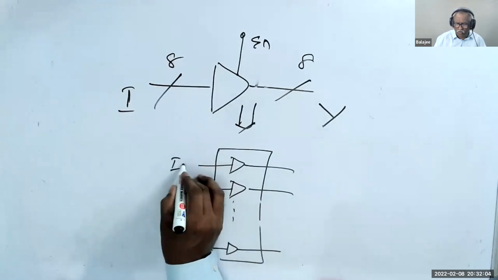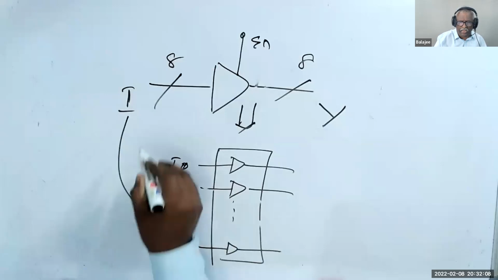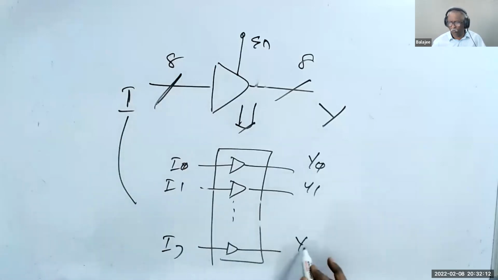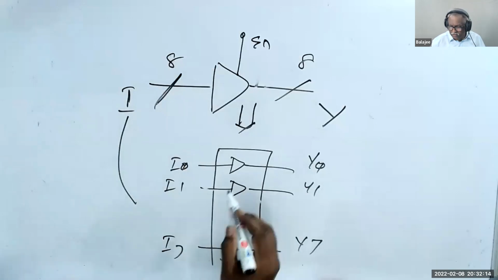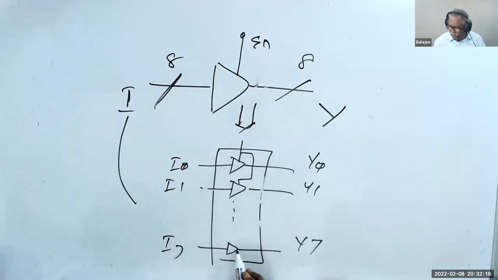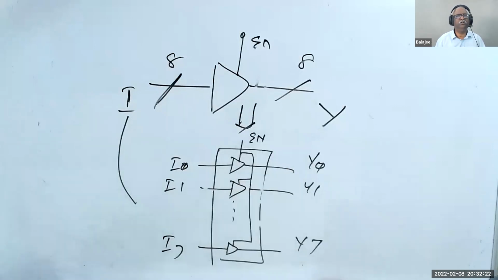This is I0, I1 up to I7. I'm expanding because I put 8. This is Y0, Y1 up to Y7. But all of them have the same control signal. This is called enable. You understand now? That's how it's happening.